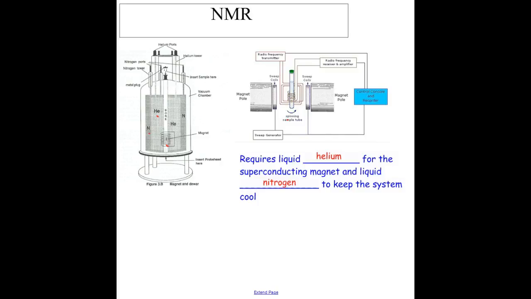And to keep the liquid helium cool, we have liquid nitrogen. And to keep the liquid nitrogen cool, we have a vacuum chamber. So we have a system set up that is quite large to keep this superconducting magnet very, very cold. For one that has a lower magnetic field, we don't need quite the refrigeration system.